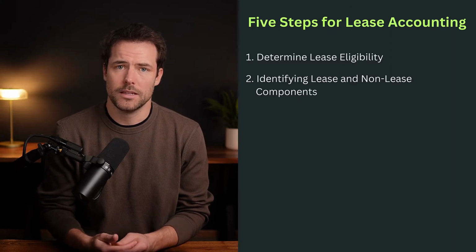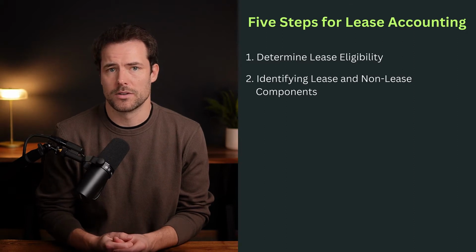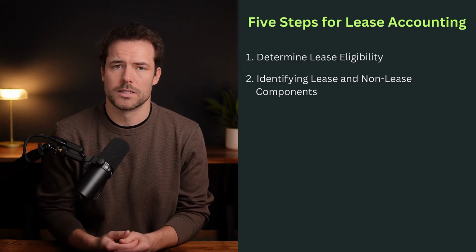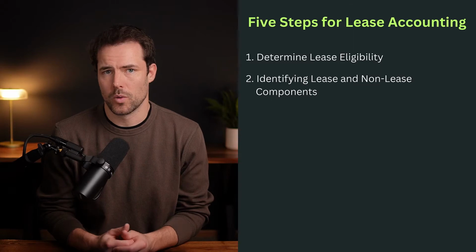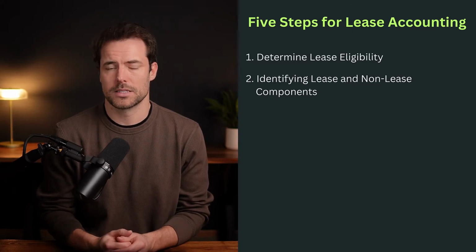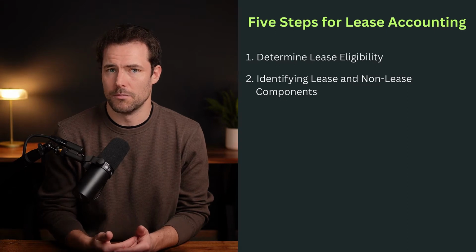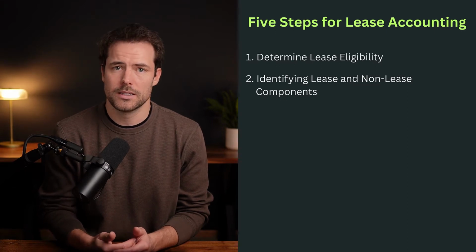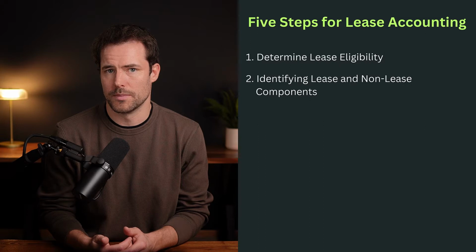As we'll learn, the maintenance and service portions of these contracts are non-lease components, and ASC 842 requires us to separate these, though it does provide a practical expedient to simplify this in many cases. And we'll look at this step in detail in a future episode.